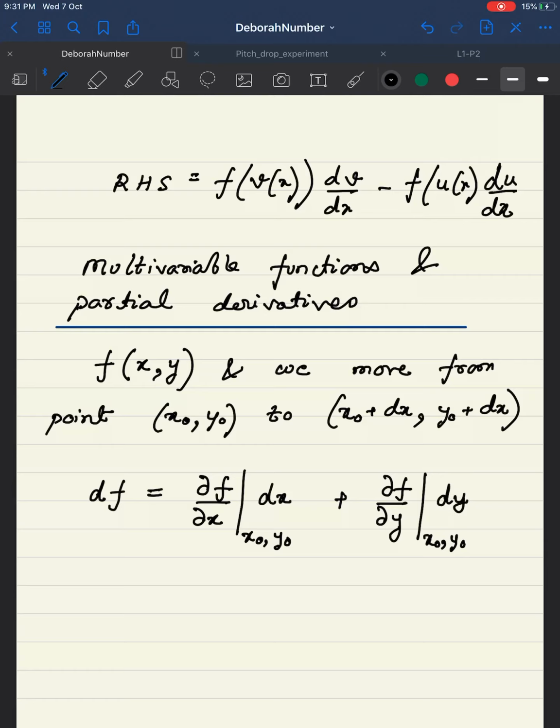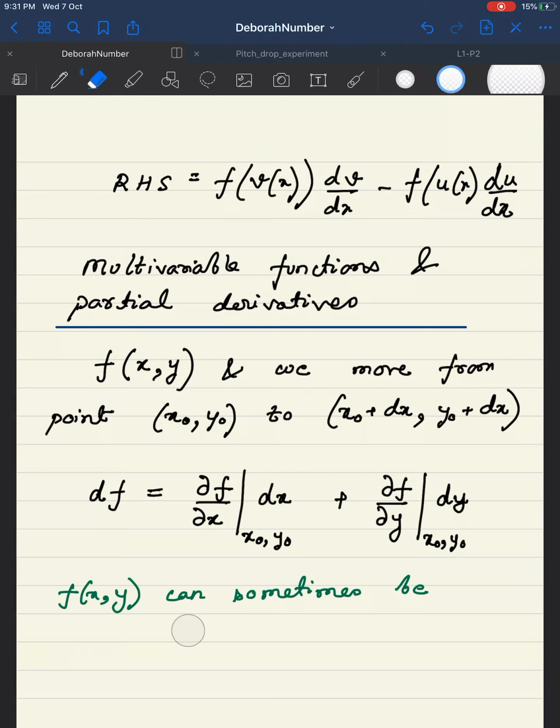And there are many ways to prove this. I'm not going to go through all of them, but I'll just suggest that f(x, y) can sometimes be linearized and replaced with this linear equivalent when you are in a small neighborhood of a particular point.